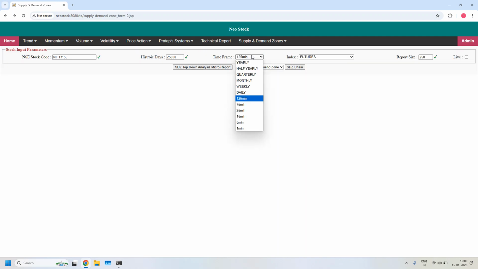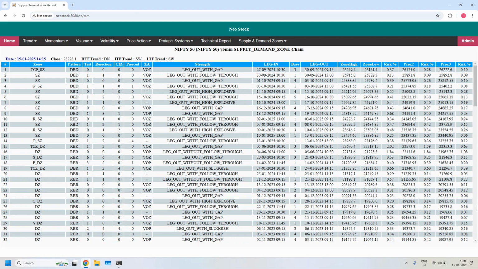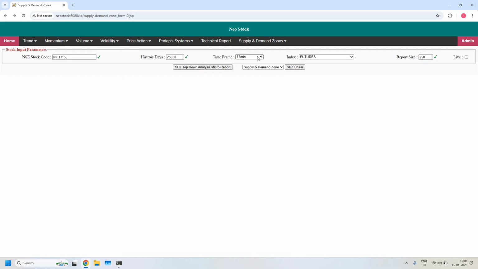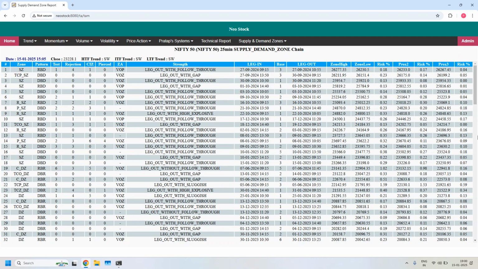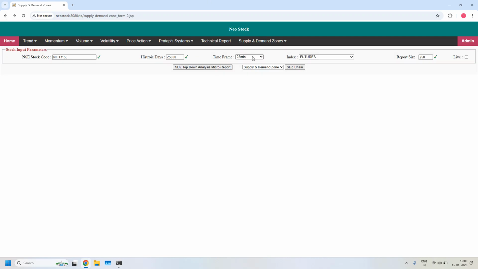Next, 75 minutes supply demand zone chain for NIFTY. Next, 25 minutes supply demand zone chain for Nifty. Next, 15 minutes supply demand zone chain for Nifty.